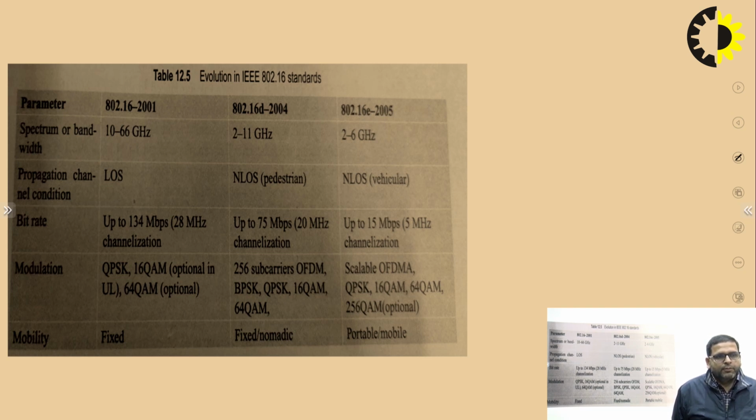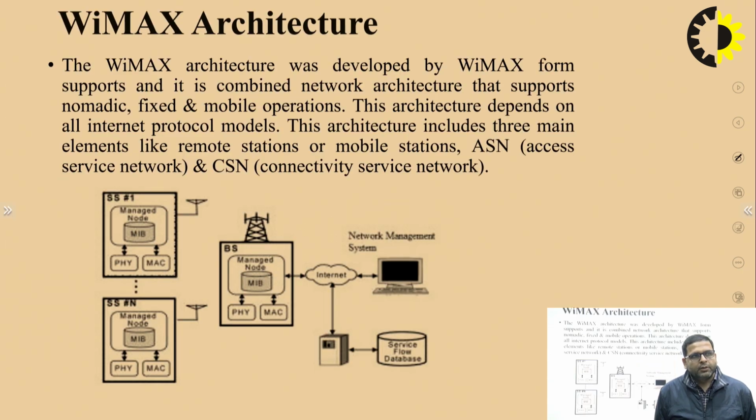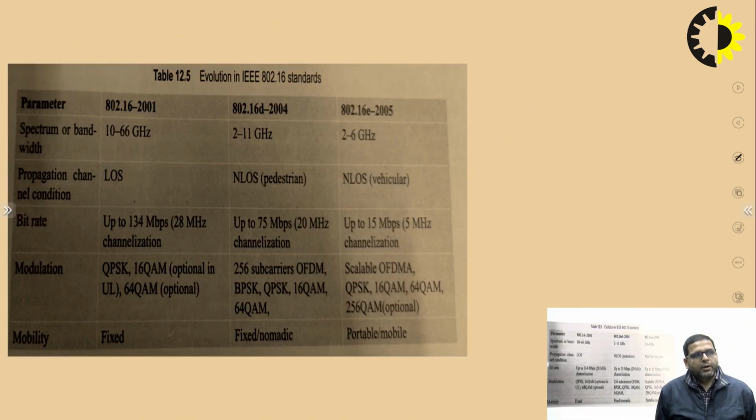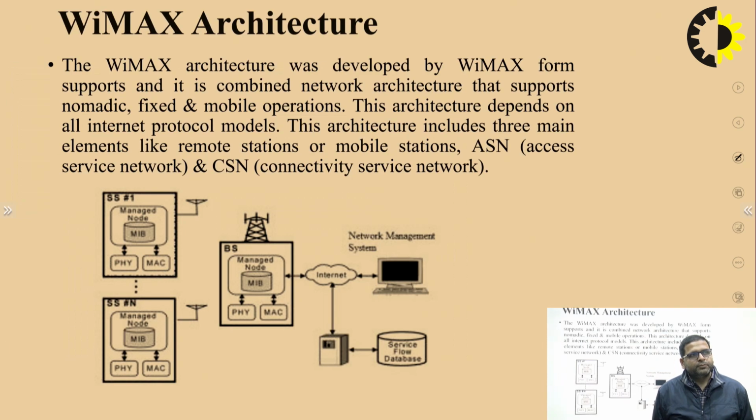In terms of mobility, the 802.16e standard has a provision to support mobility, whereas 802.16 supports fixed communication. So in this way, we can compare the different standards used in WiMAX technologies.